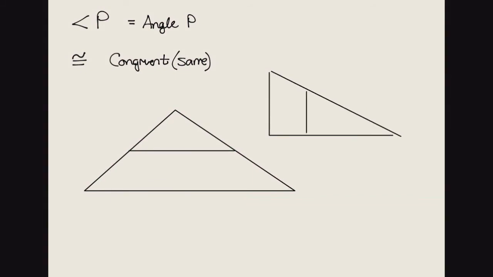Please note that what they're doing is they're combining two similar figures in the same figure. So you'll start with a triangle here, and it is similar to this bigger triangle here.